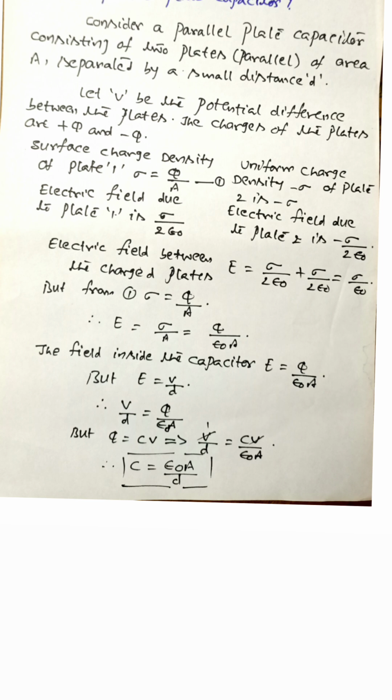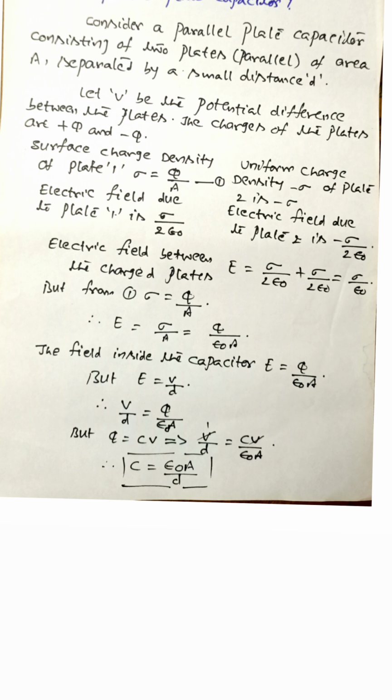But sigma is equal to q by A. Therefore, E is equal to sigma by epsilon 0, which is equal to q by epsilon 0 A. The field inside the capacitor E is equal to q by epsilon 0 A. But we know that E is equal to V by d.